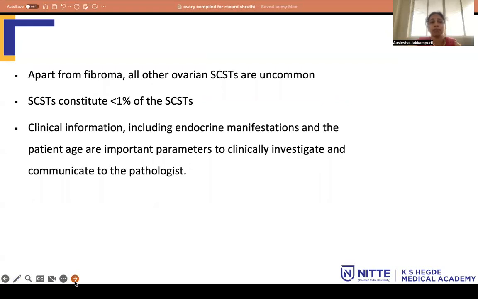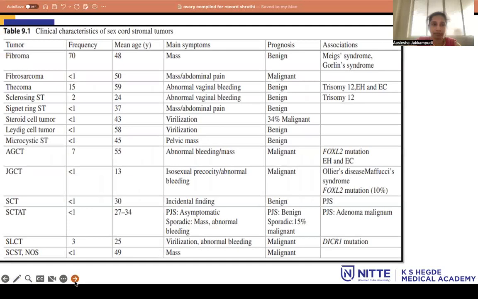Apart from fibroma, all other ovarian sex cord stromal tumors are very uncommon, and sex cord stromal tumors constitute less than 1% of ovarian tumors. Whenever you are dealing with a case of sex cord stromal tumor, clinical information, age, and endocrine manifestation are very important.